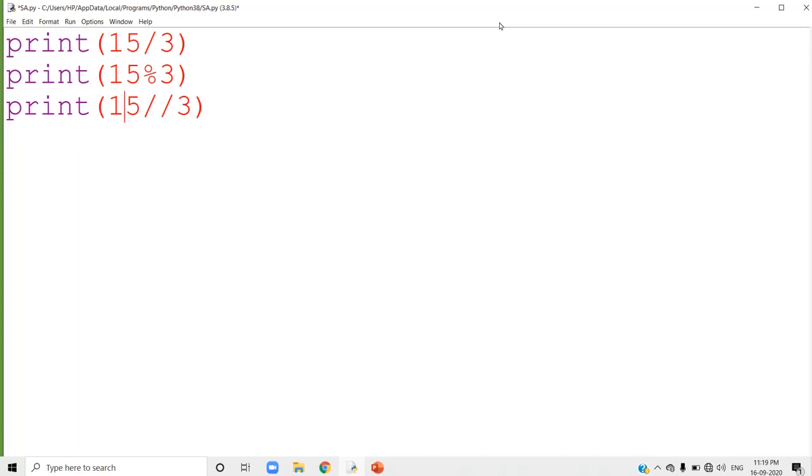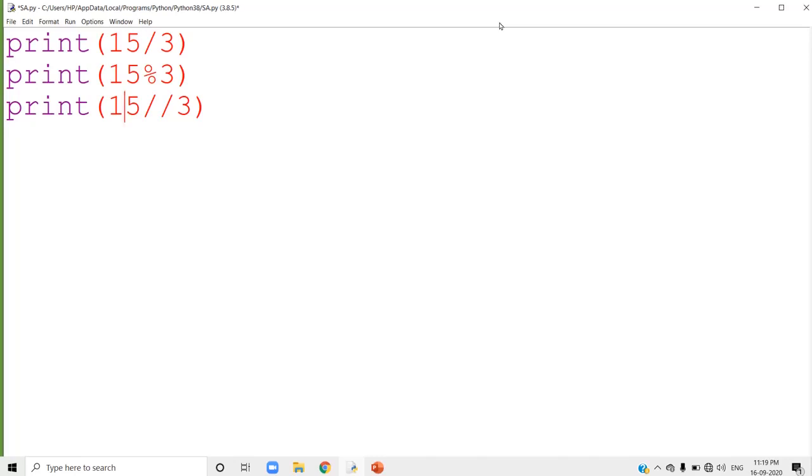Since it is a single slash, you will get a fractional part. Here 5.0 is the answer. That 0 does not have any meaning, but you have to write the output in fractional terms. So the first answer will be 5.0.